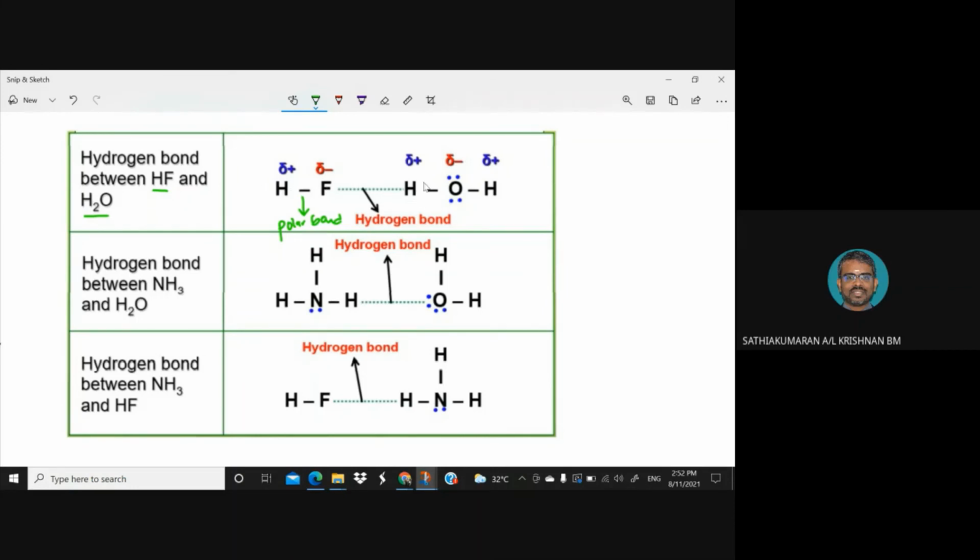And I have water here. Is this bond a polar bond? Yes, hydrogen and oxygen, this bond is polar. Oxygen is more electronegative, hydrogen is less electronegative. Oxygen is dipole negative, hydrogen is dipole positive.